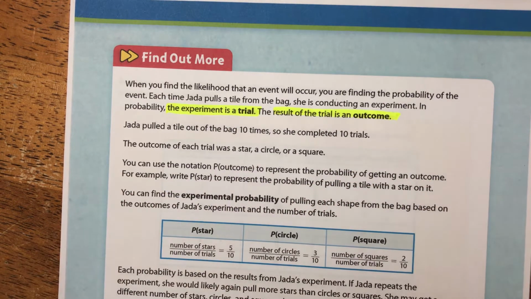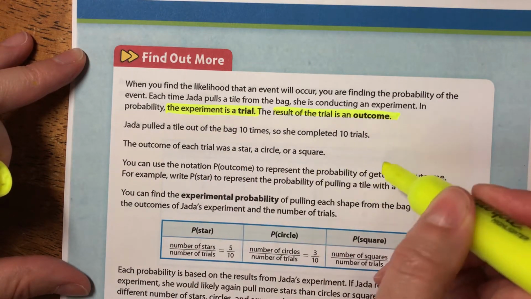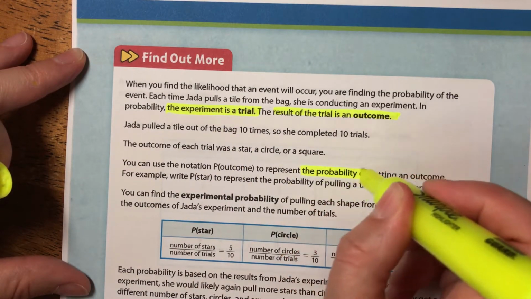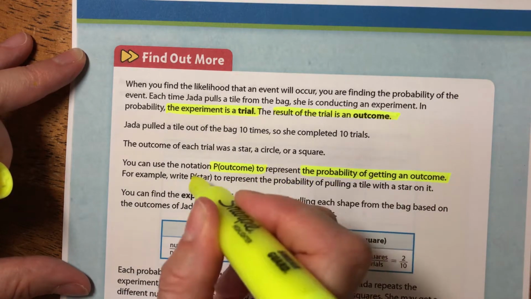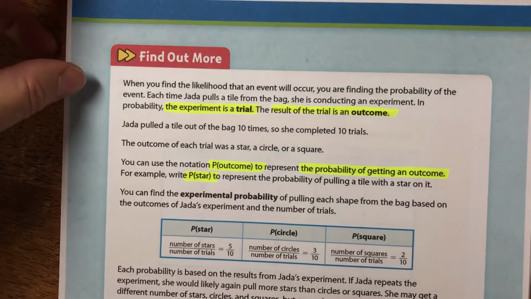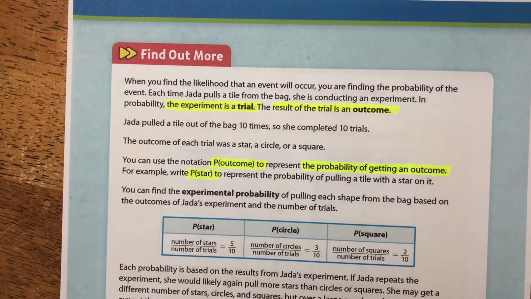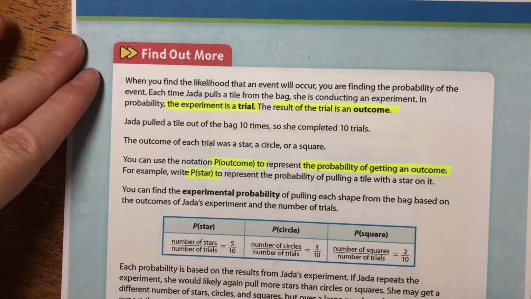For example, P(star), the probability of getting a star. I like writing them like that. So what's the probability of a star? Well, you can find the experimental probability by pulling each shape from the bag based on the outcome.